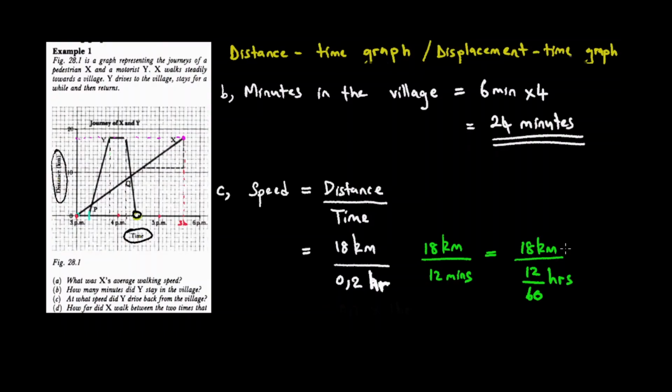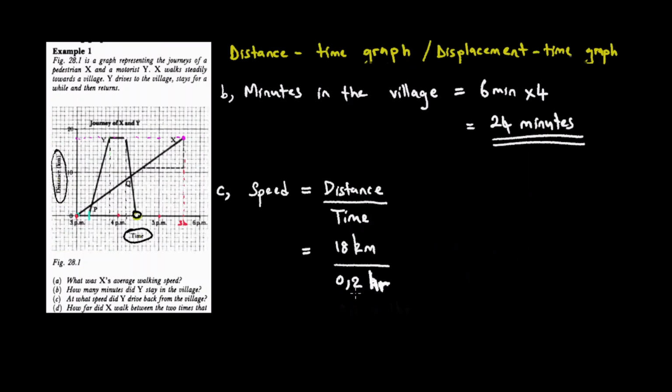You can say 18 kilometers over 0.2 hours, or you can say 18 kilometers over 12 over 60 hours, however you want to put it. I would prefer this one, because this interpretation is directly from the graph. The other is an inferred interpretation which can bring a lot of confusion. So let us continue with our first interpretation.